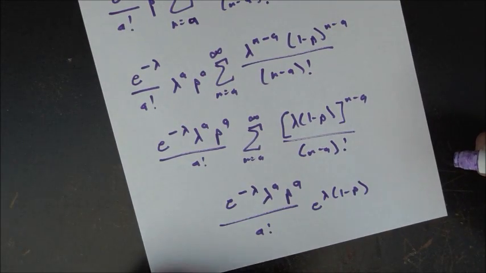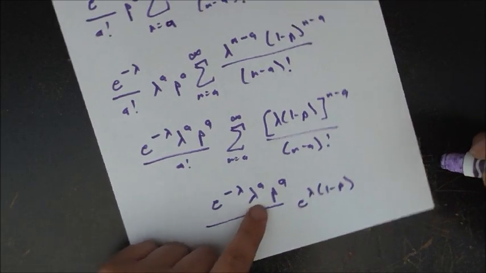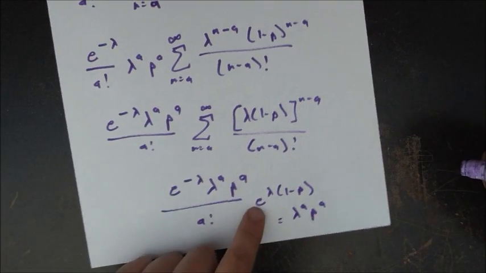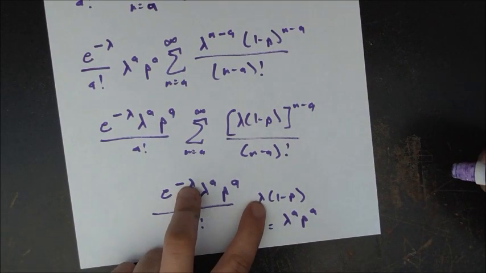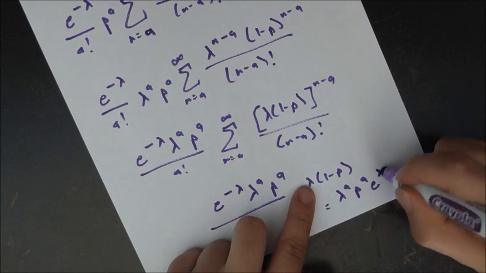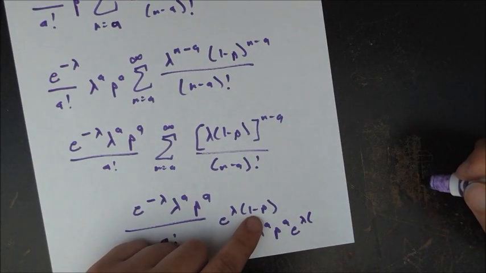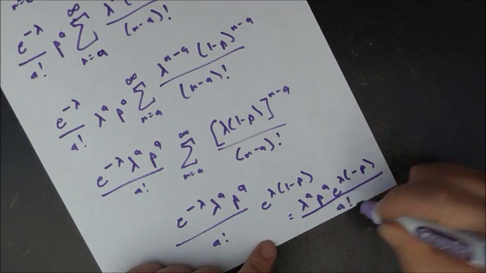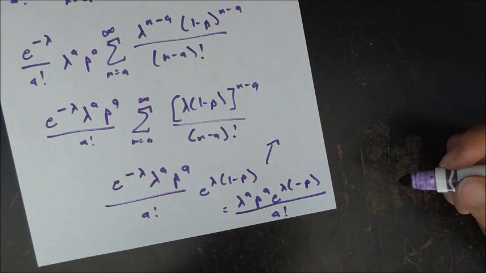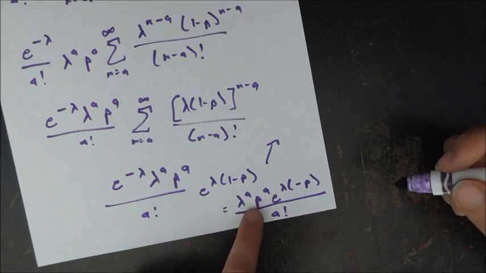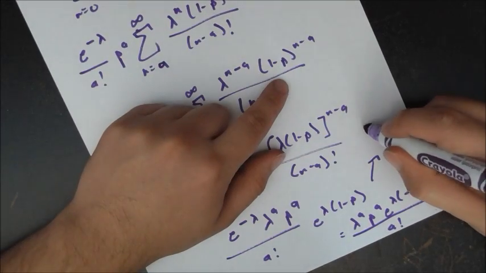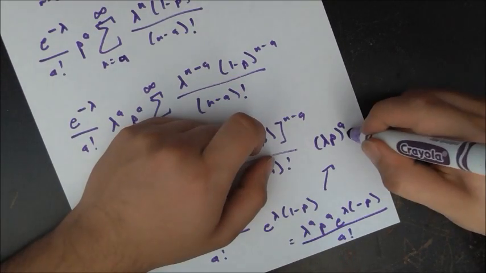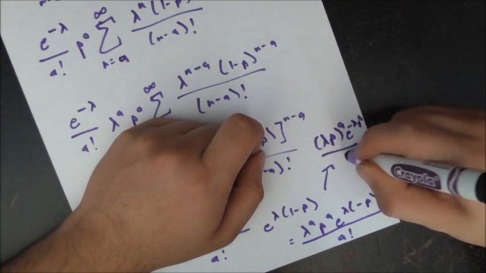So let's simplify things a little bit. We have lambda to the a, p to the a, e to the negative lambda, and then lambda times 1 minus p, minus lambda, which is just minus lambda p, all over a factorial. So lambda to the a, p to the a, I'll combine as lambda p to the a, and we have e to the negative lambda p, all over a factorial.